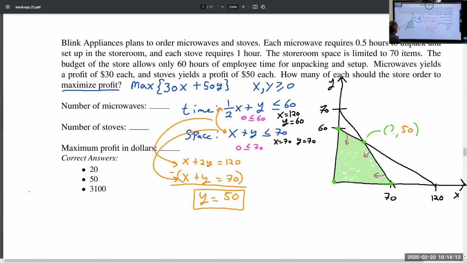What's the x then? Well, earlier I had x plus y equals 70. So maybe I could find it there. I think that's 20.